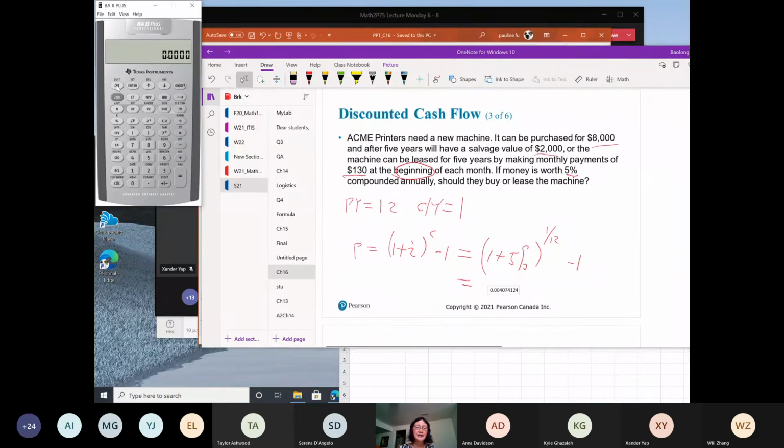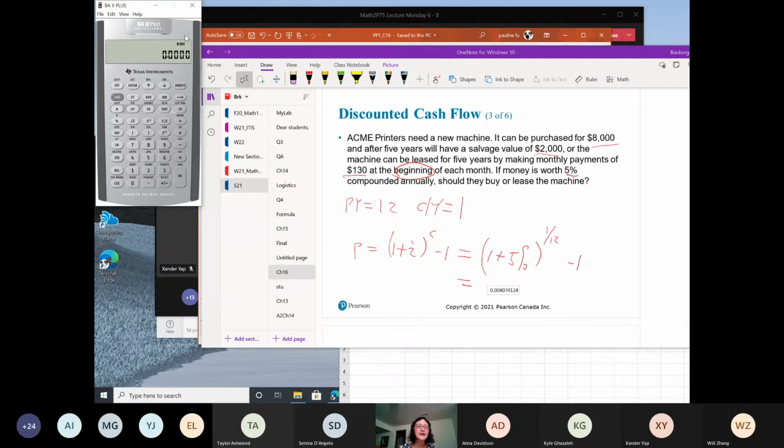And the calculator method to calculate alternative 2. This is beginning, so you have to set begin mode. First step, set begin mode: second, BGN, second, set, second, quit.